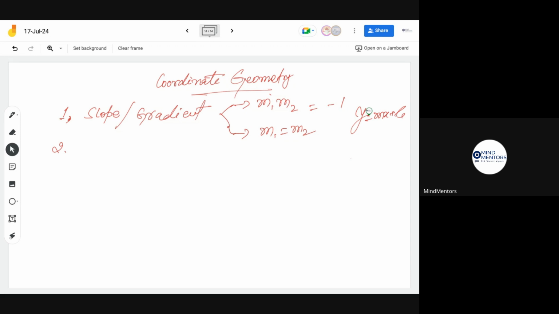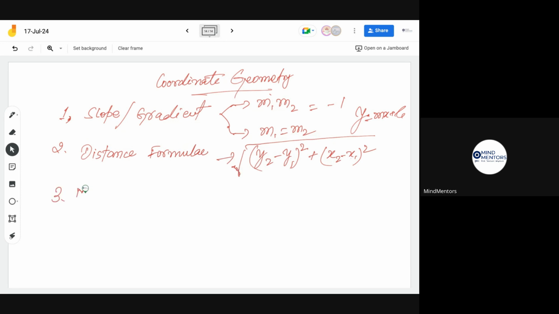We've studied the distance formula, which is the square root of (y2 minus y1) square plus (x2 minus x1) square. That's the distance formula between 2 points. We've studied the midpoint formula, which is (x1 plus x2) by 2 and (y1 plus y2) by 2.